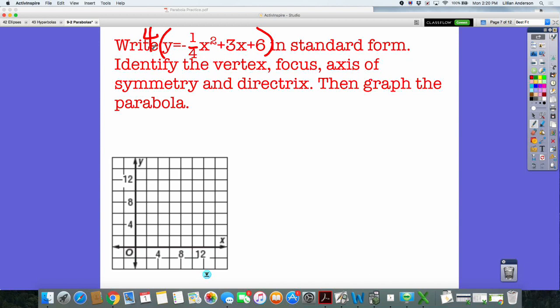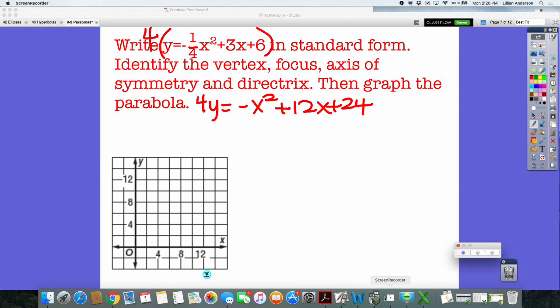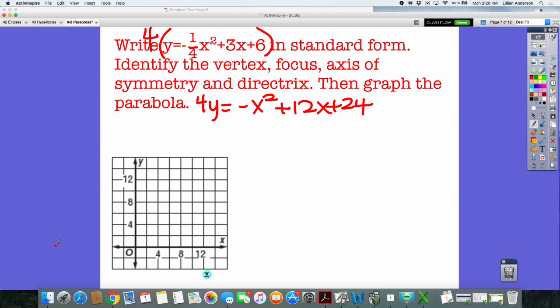So now the equation we're working with is 4y equals -x squared plus 12x plus 24. Now we have only whole numbers here. And yes, we need to complete the square. With parabolas it's just a tad bit different.